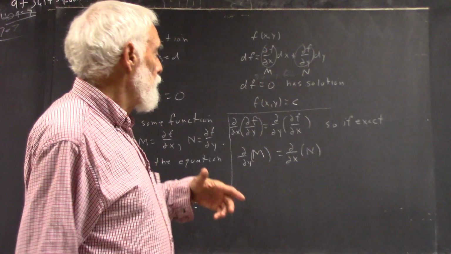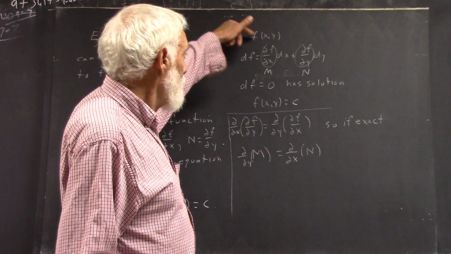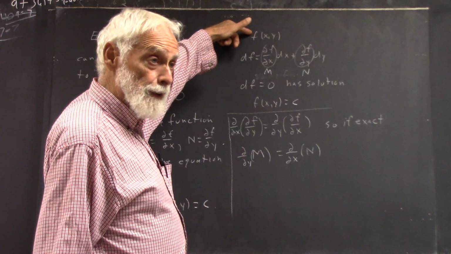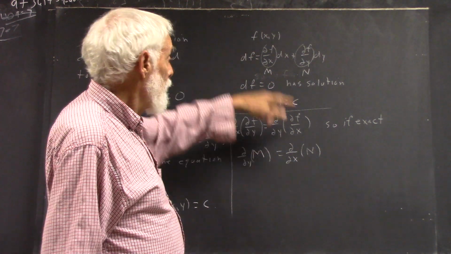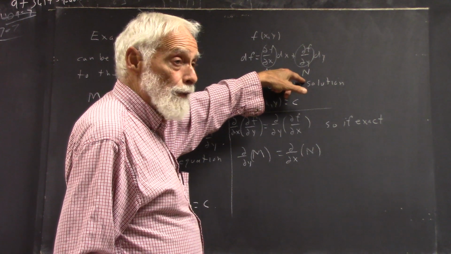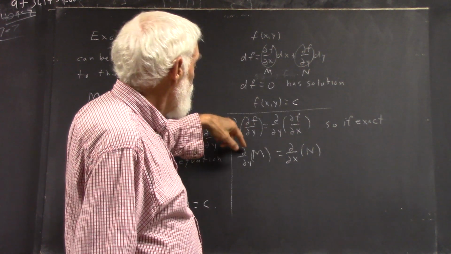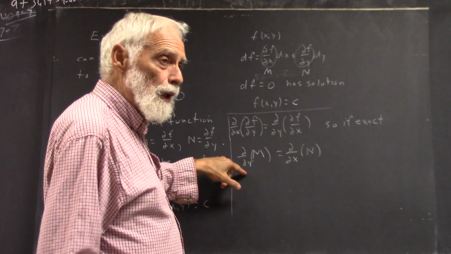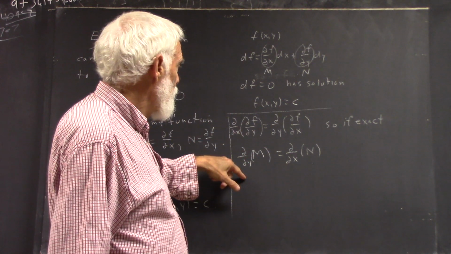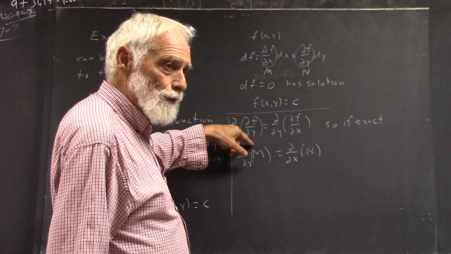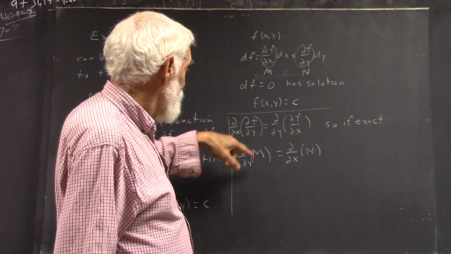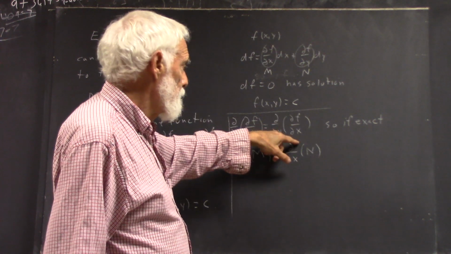Because if the equation is exact, m is a partial of some unknown function with respect to x, n is the partial of that unknown function with respect to y. So that when we take the partial of m with respect to y, we're taking the partial of the partial of f with respect to x.